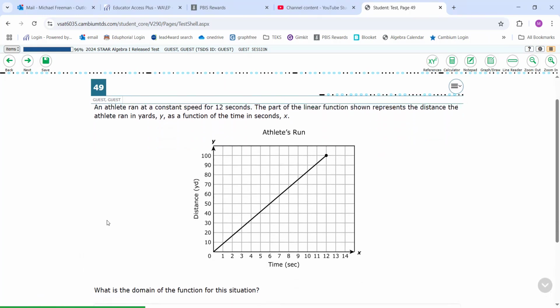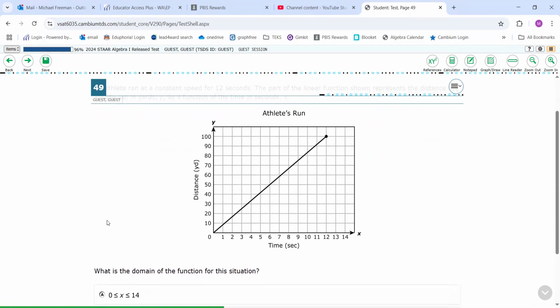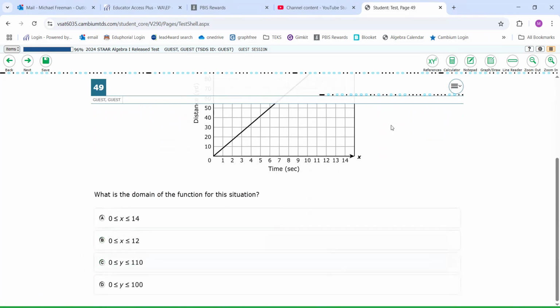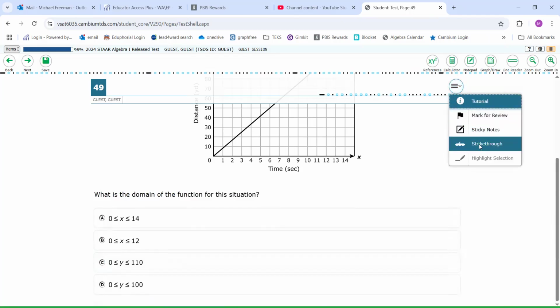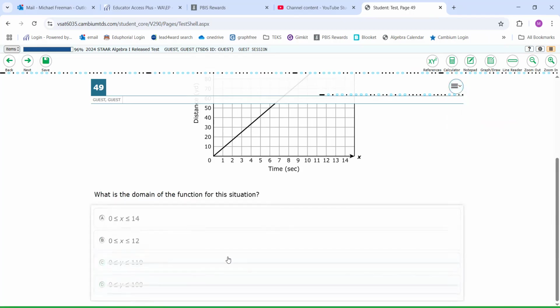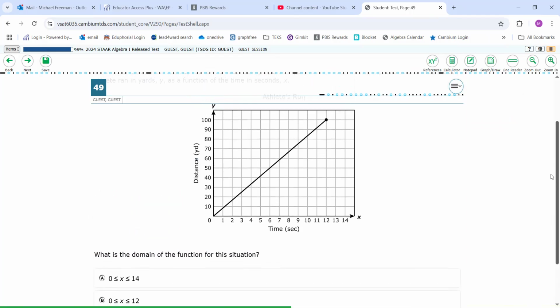An athlete ran at a constant speed for 12 seconds. The part of the linear function shown represents the distance the athlete ran in yards. Y is a function of time in seconds x. But it says, what is the domain of the function for this situation? Hopefully we know domain are our x values. Well, if domain is x, then right away I know it's not C or D. So now let's go back and look at our graph.